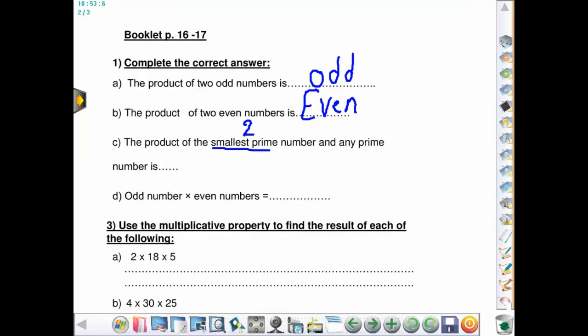If we multiply this smallest prime number, which is 2, even, by any prime number which is odd, it means even multiply odd, it will be an even number. Okay, letter D, odd number multiply even, like 3 multiply 2, the result will be 6. 6 is even.